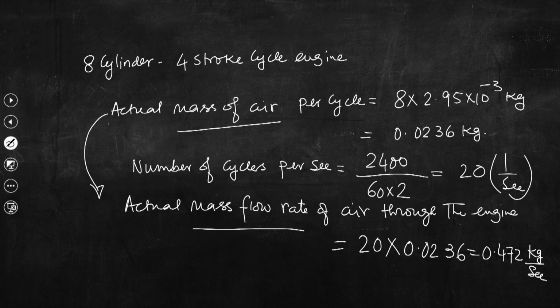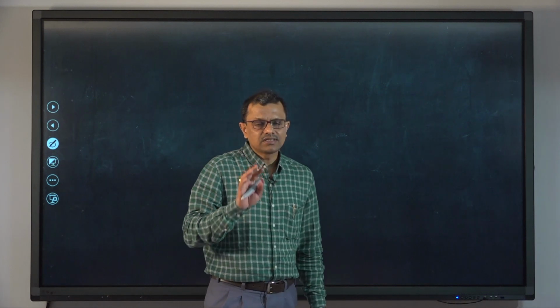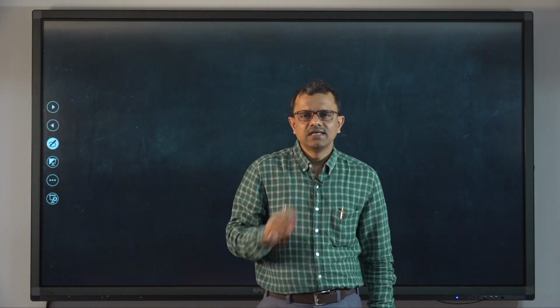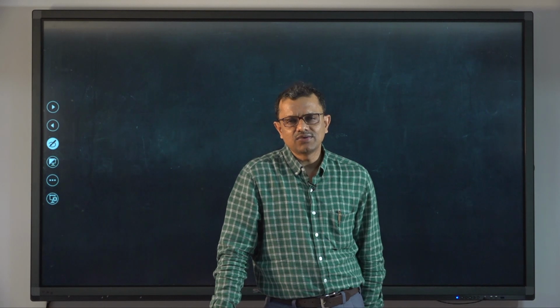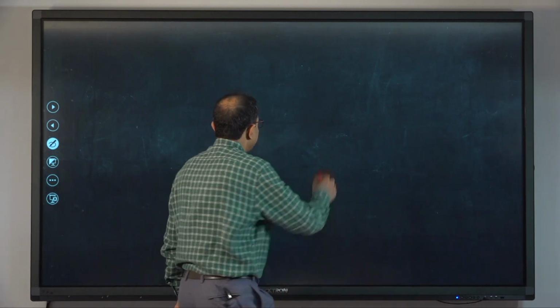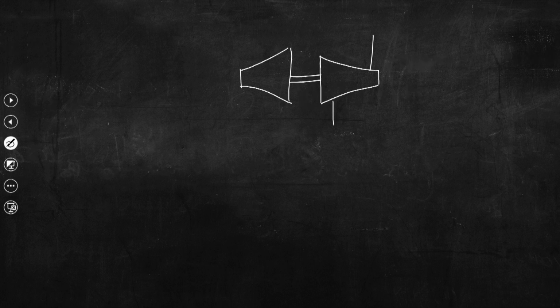Now, let us draw the h-s diagram, because if we recall the unit, we can see there are 2 devices. First of all, the turbine is there, and then the compressor is there. So, this is the compression of air, and then we have the turbine. These 2 are connected to a common shaft.